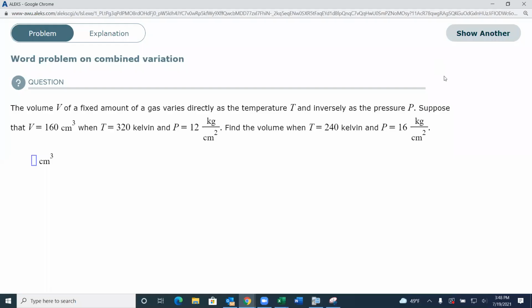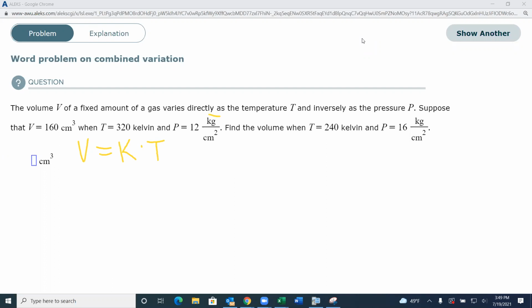All right, so let's take that last topic and do a word problem with it. Okay, so the volume, wait, I gotta turn on my pen. All right, so the volume of a fixed amount of a gas varies directly, so K times, as the temperature.